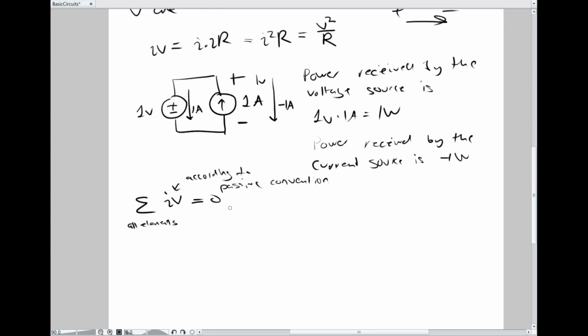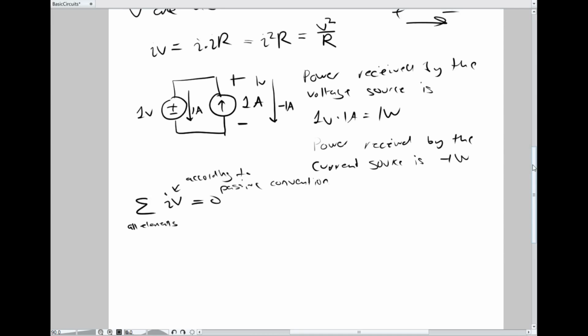Now there might be a way to prove this using conservation of energy and Maxwell's equations and how Kirchhoff's laws come from Maxwell's equations, but if I were to prove this, I would do it just using circuit laws to keep things simple.